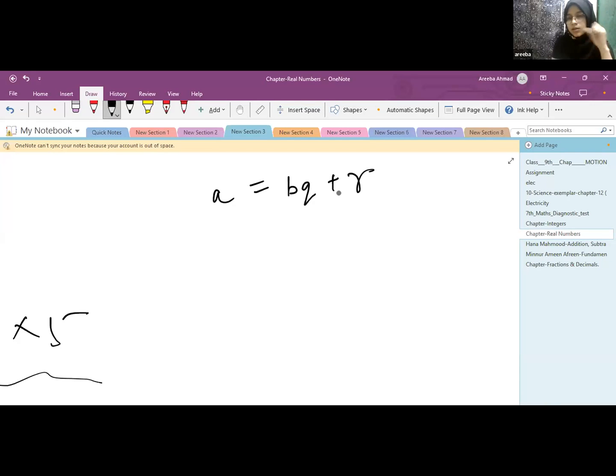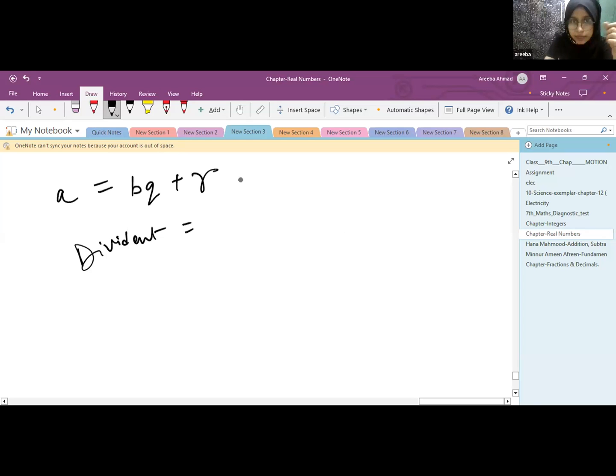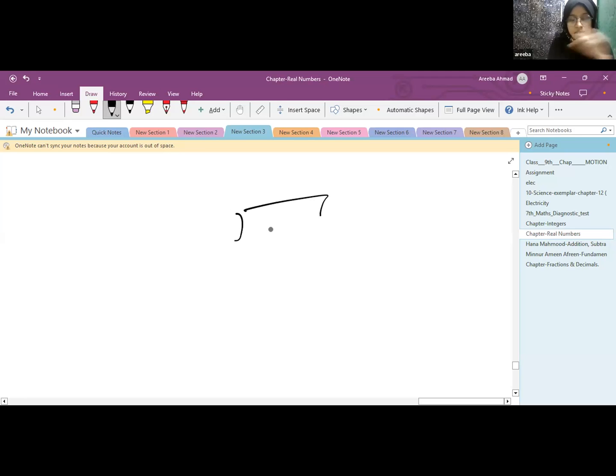We must have read this in smaller classes. Dividend is equal to divisor into quotient plus remainder. Do you know that? Or shall I explain it in detail? Let me tell you with the help of an example. This is very basic. You'll understand.